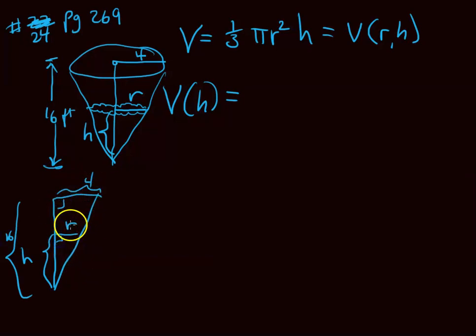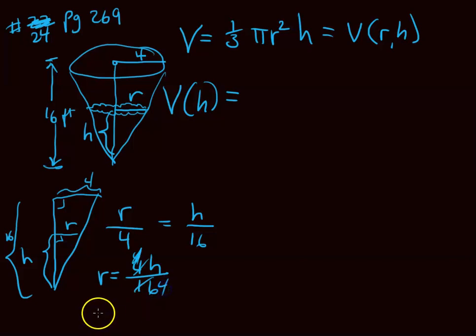So we know that their sides are proportional. r over 4 equals, r is the small, so we start with small h over 16. Now we want to keep the h. We want to replace the r, so we'll solve for r. r is equal to 4 times h over 16. Well, these will cancel. It's 1 and 4. So r is really h over 4.